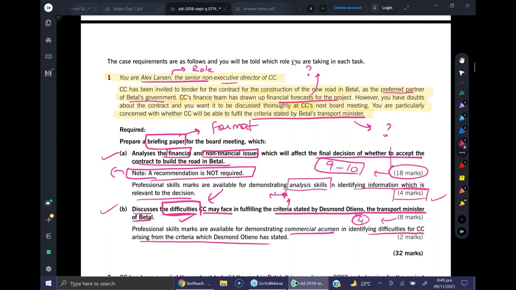Now it is on us to think of ideas that how this criteria will create problems for CC company. So you'll have to give your own ideas, and that's why commercial acumen is tested here. Are you giving the relevant ideas, what difficulties you might face? So thinking about everything and applying proper judgment can get us these marks as well.